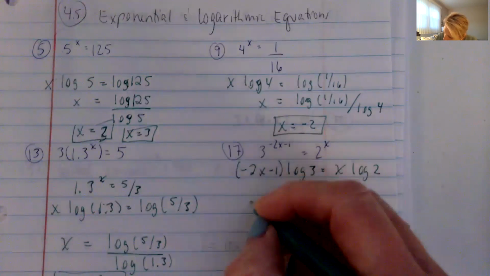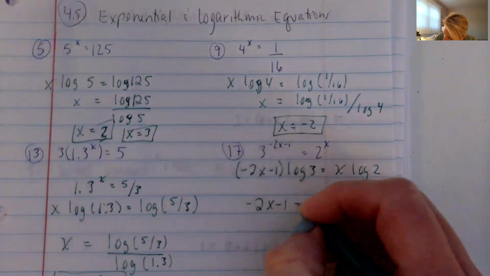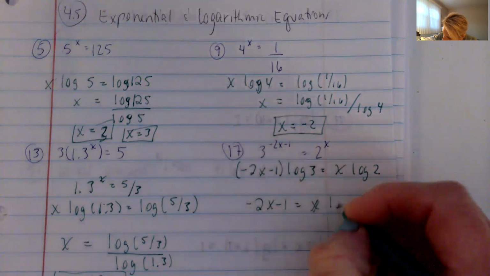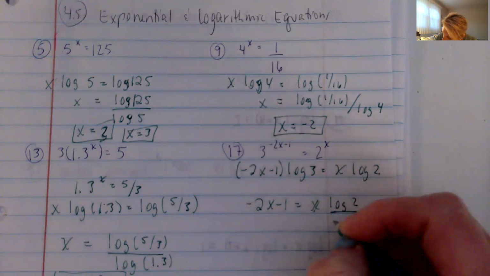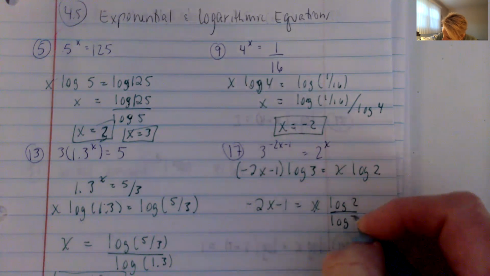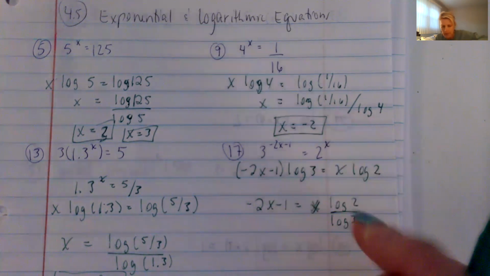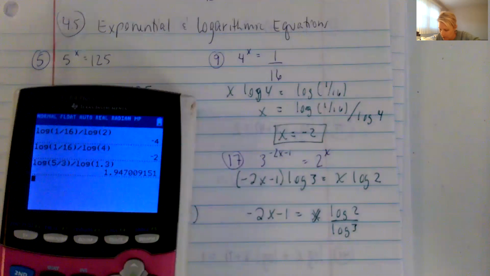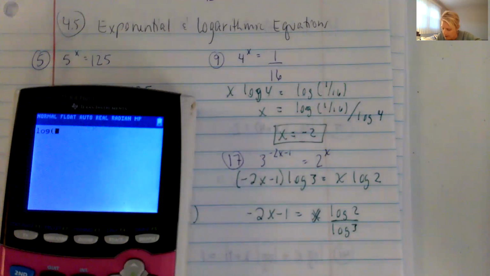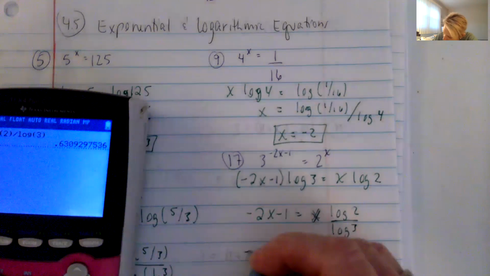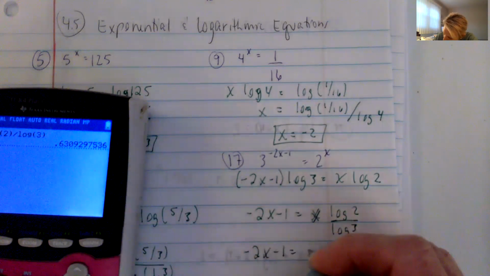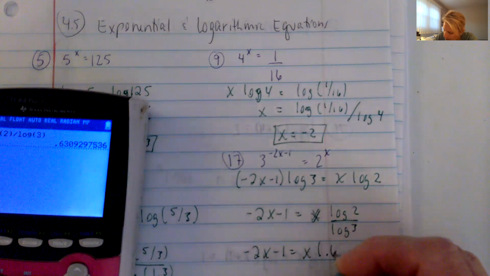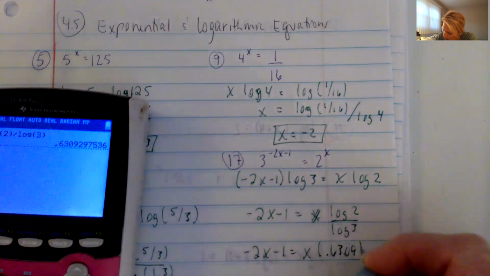So we get negative 2x minus 1 equals x times the log of 2 over the log of 3. And that is an actual value, so we can find that log of 2 divided by log of 3. Okay, so this will be negative 2x minus 1 equals x times 0.6309.